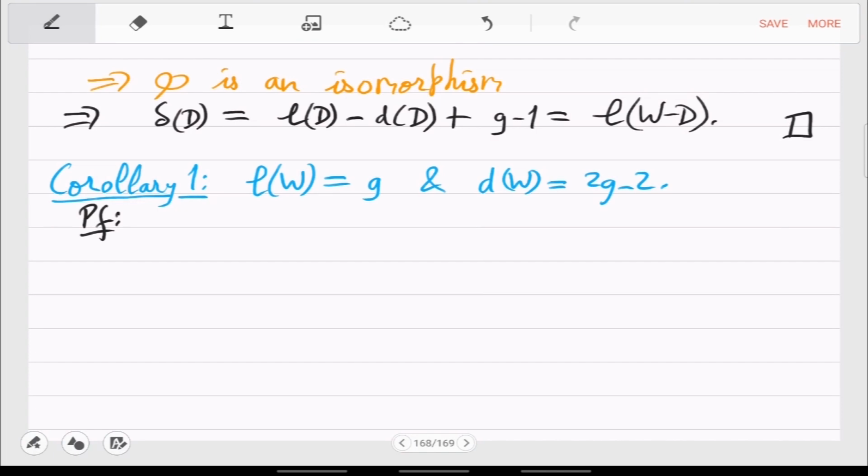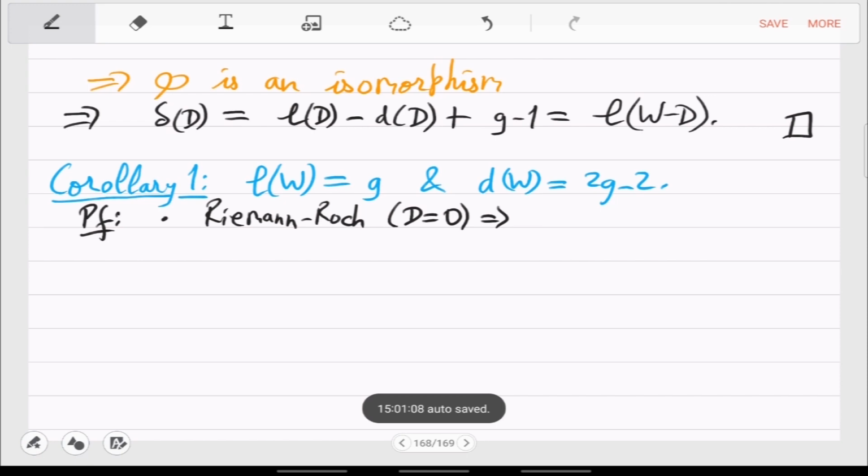So from Riemann-Roch identity, we'll actually get information about this abstract canonical divisor. How do you show this? Yeah, so we can do two things. Since it's true for all divisors, we can try divisor 0 and divisor W. So for D equal to 0, you will get that L of 0, which is 1.